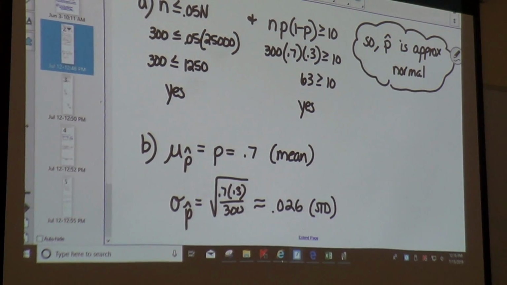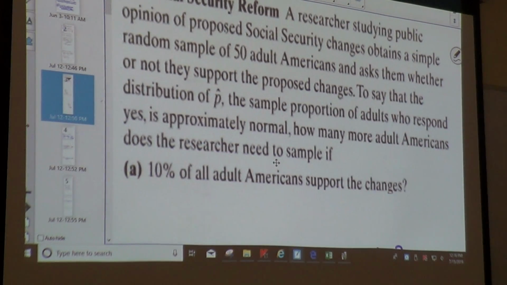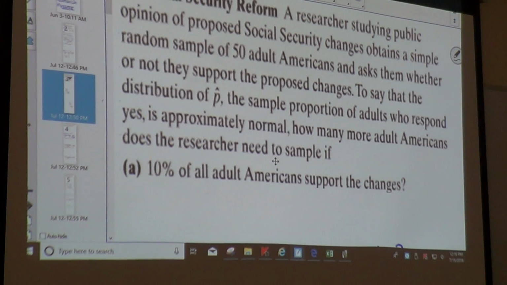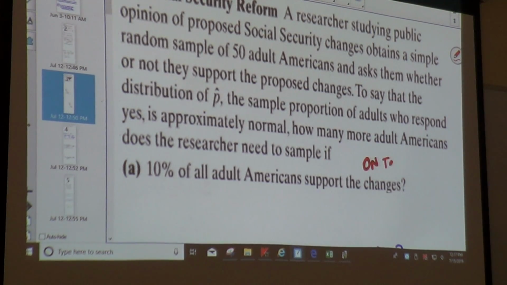All right, let's look at a researcher studying public opinion of proposed Social Security changes obtains a simple random sample of 50 adult Americans and asks them whether or not they support the proposed changes.